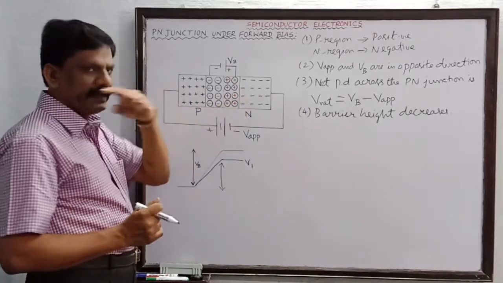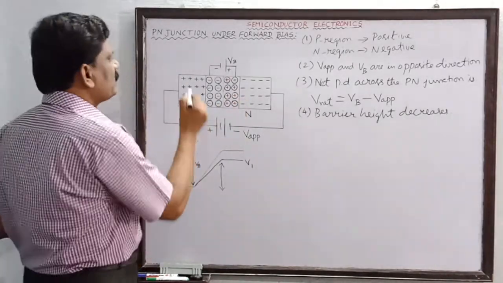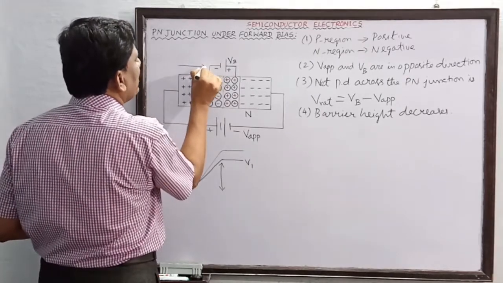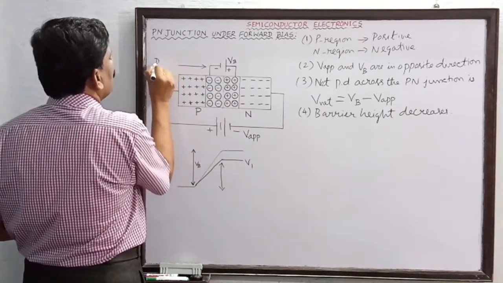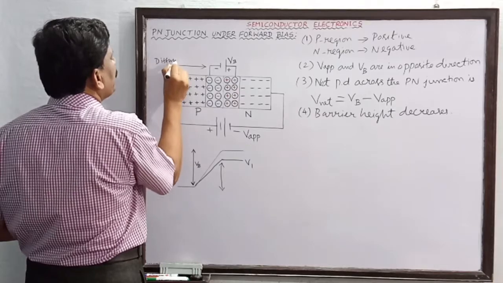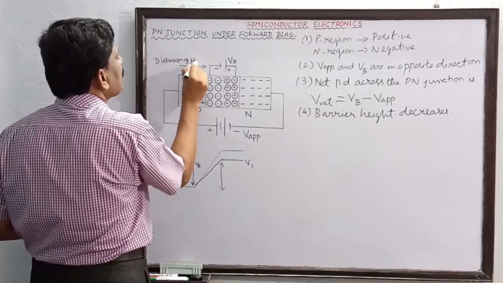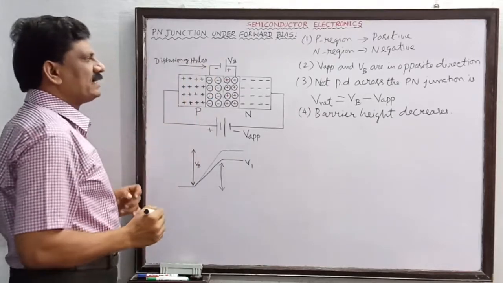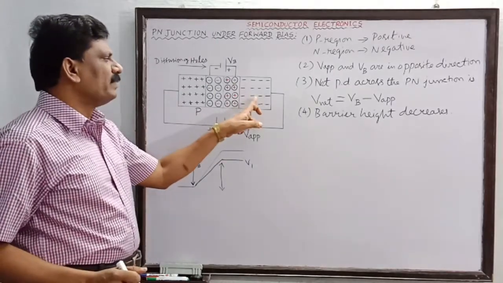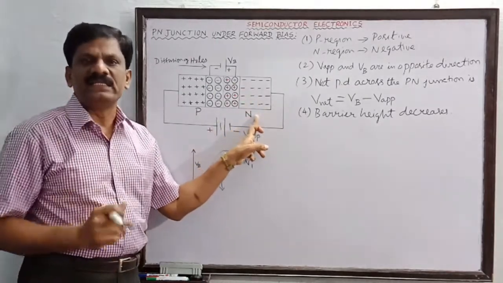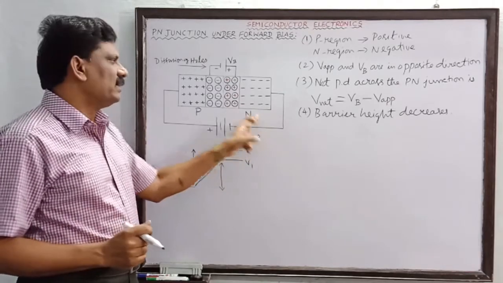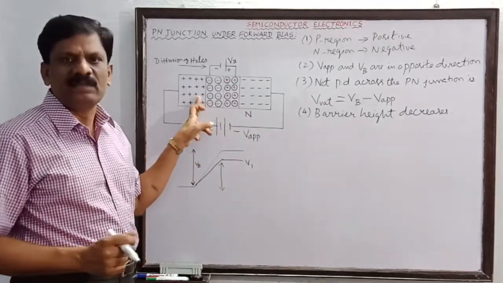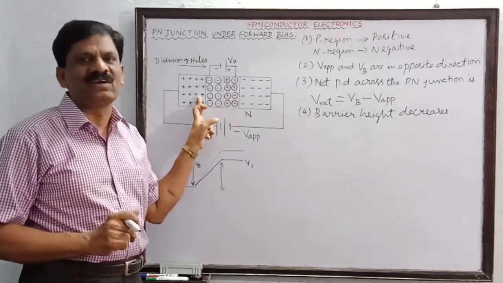So due to the concentration gradient of the holes, the holes will diffuse from the P region into the N region. Okay students, so this is the direction of diffusion of holes. And at the same time, what will happen? Who are the majority charge carriers in the N region? The electrons. And the same electrons are present in the P region also as minority charge carriers.